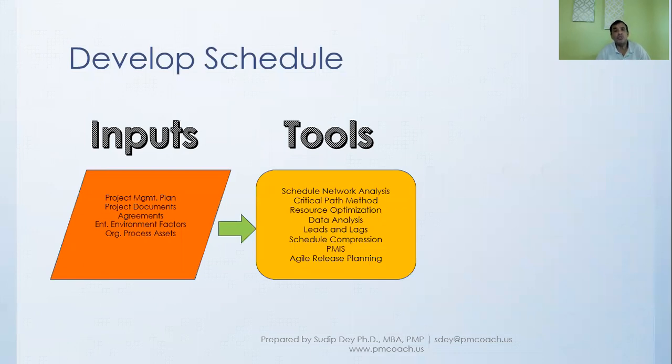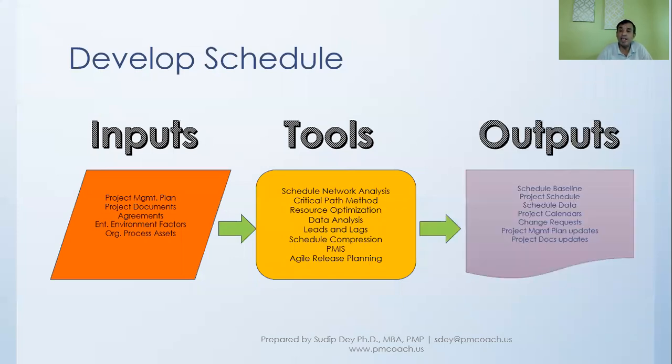We'll use some resource optimization, network analysis, CPM will be a big thing, and leads and lags, schedule compression, and so on. And finally, what we'll get is the schedule baseline. And so this is the second baseline we're talking about. We talked about scope baseline. This is the second baseline, which is schedule baseline, as well as some other associated documents.